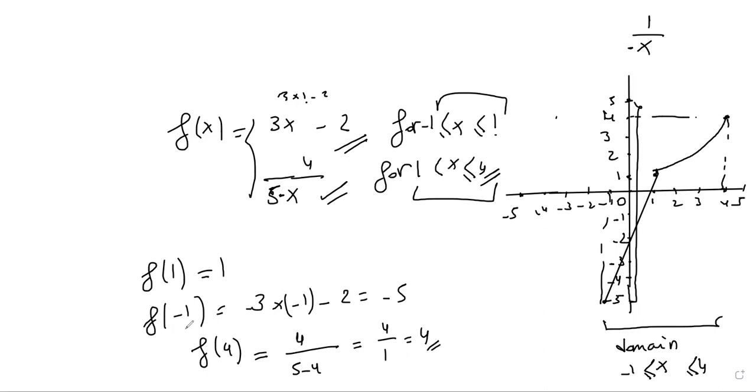And f(-1) is -5. So the range of f should be f(x) between -5 and 4, because it's all these values there. All right. Now, this is for the first question. The second question, they ask you to copy the graph and to sketch f^-1.